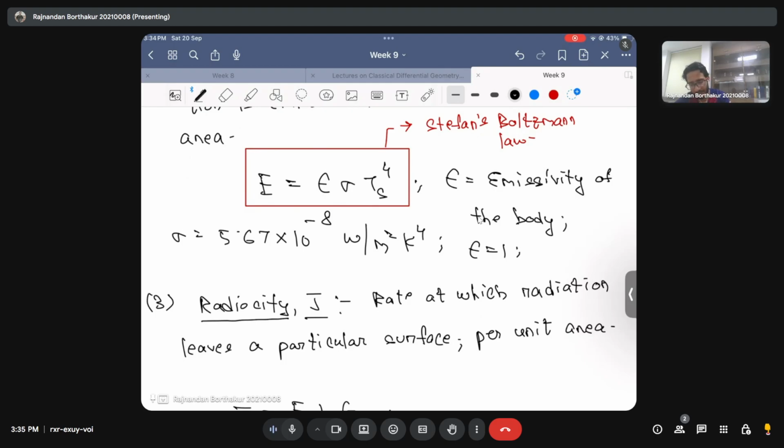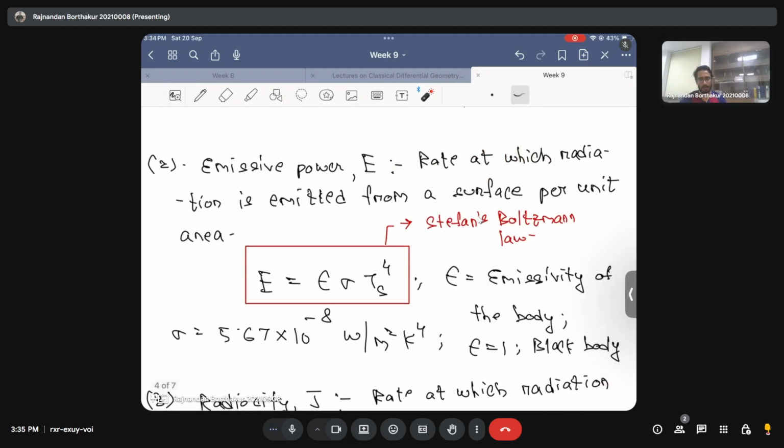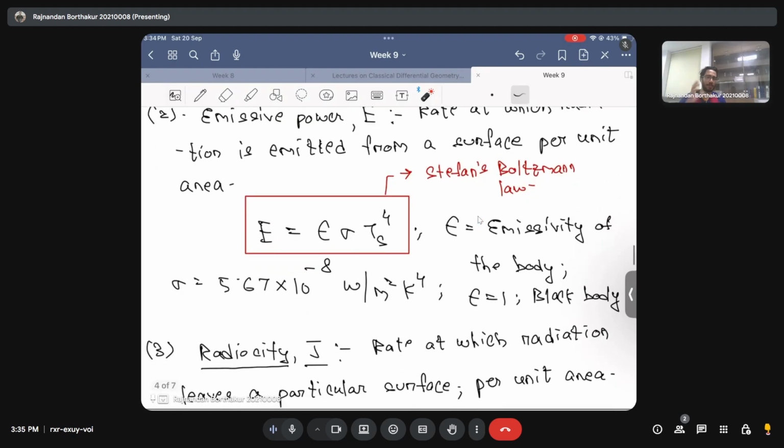So you can interpret that epsilon equal to 1 is the case for a black body. Then we call this E as E_B, the emissive power of a black body, and this just becomes equal to sigma times Ts raised to the power 4. And I hope you understand that emissivity is a fraction, which means a black body has the maximum emissive power.